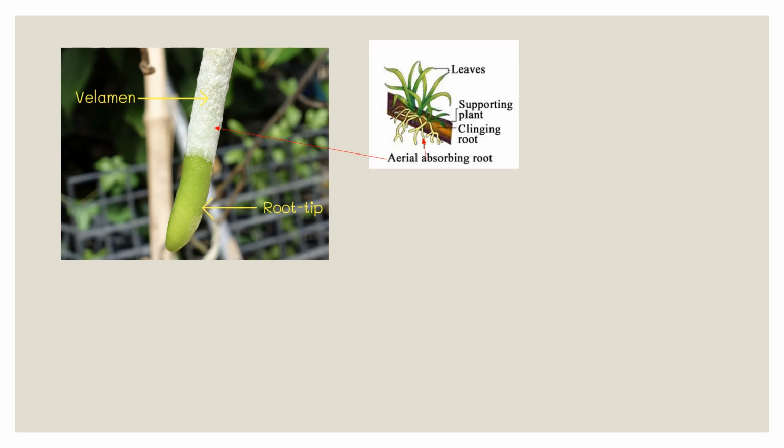As I said to you, they are hanging roots, aerial roots, not attached to the ground. Okay, they are hanging aerial roots, and they absorb moisture from the air by the spongy tissue called velamen.